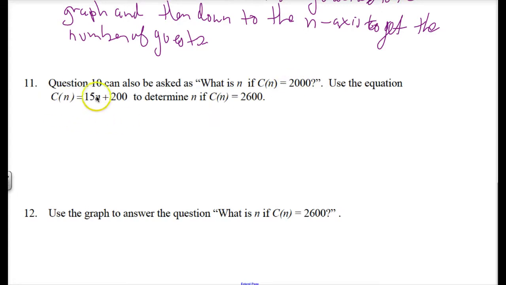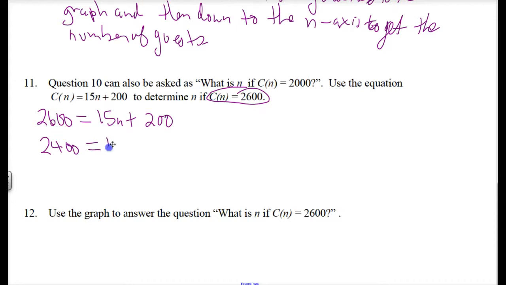Use the equation C of n equals 15n plus 200 to determine n if C of n is equal to 2,600. Okay, math, formula, substitution. Where I see C of n, I'm going to substitute 2,600. It's 15n plus 200. I'm going to subtract 200 from both sides. 2,400 is equal to 15n.